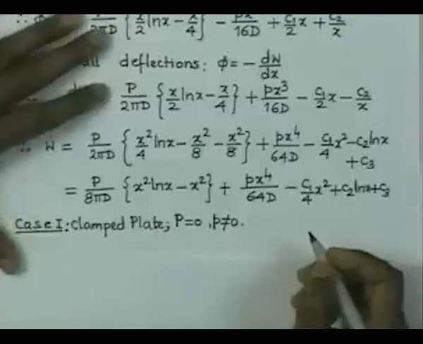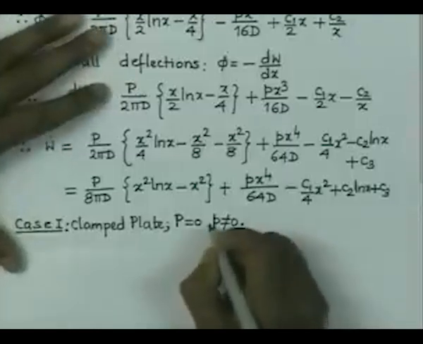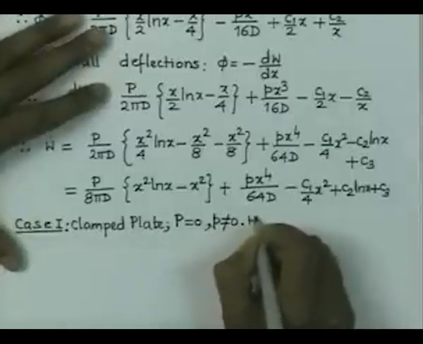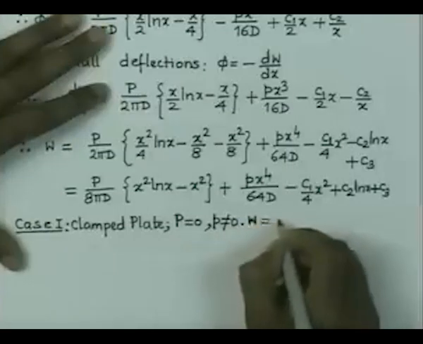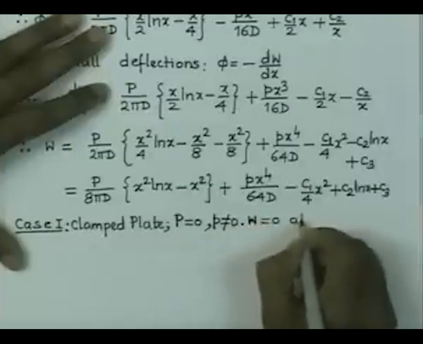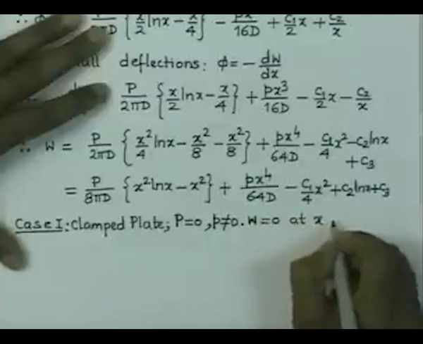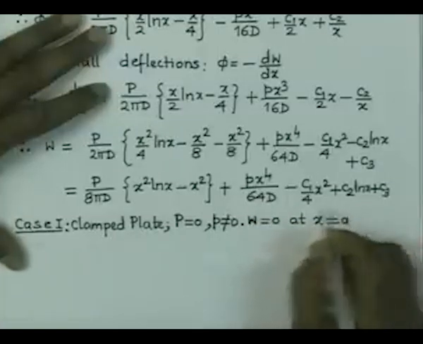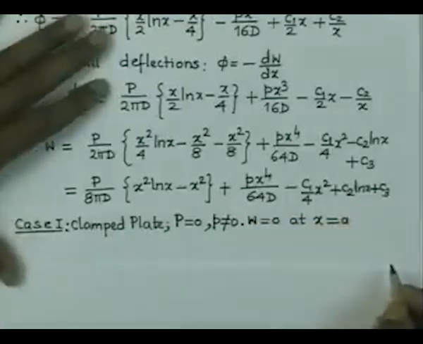We can see that the boundary conditions are obvious. We will have deflection equal to 0 if the dimension of the plate is considered to be a, then at x equal to a, w equal to 0.